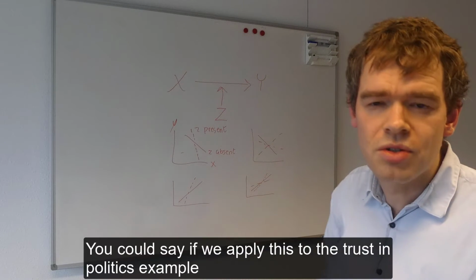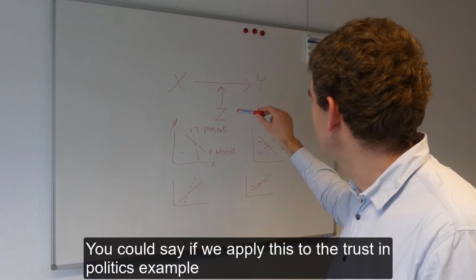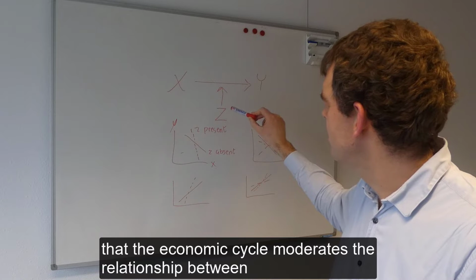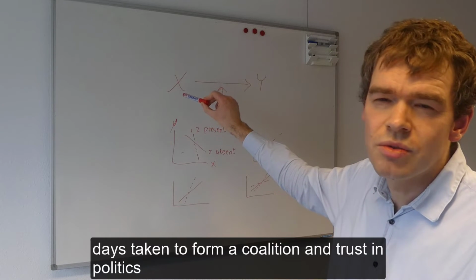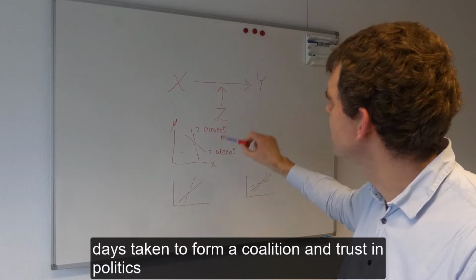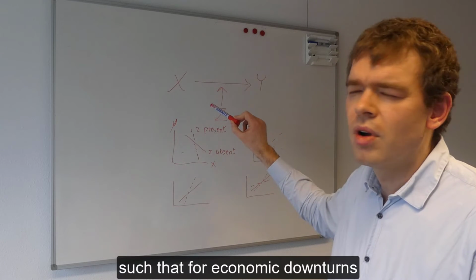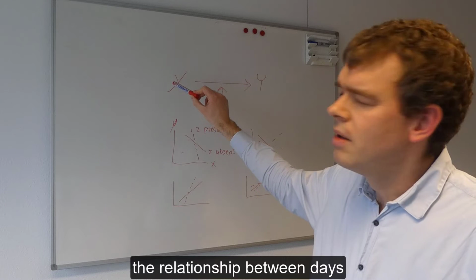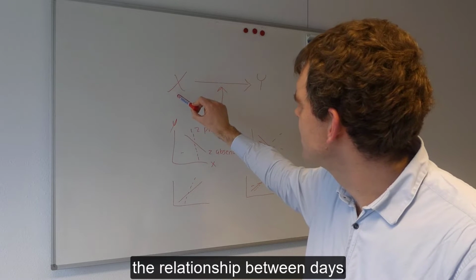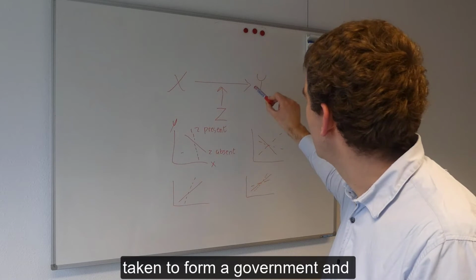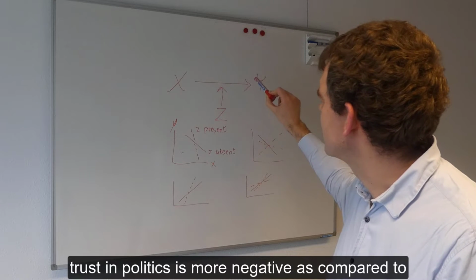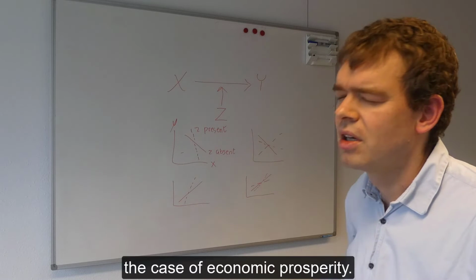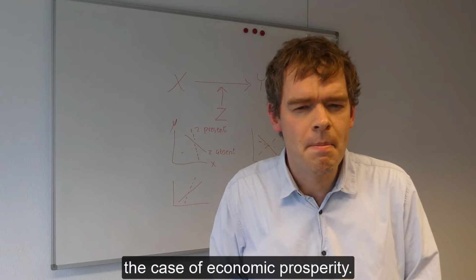You could say, if we apply this to the trust in politics example, the economic cycle moderates the relationship between days taken to form a coalition and trust in politics, such that for economic downturns, the relationship between days taken to form a government and trust in politics is more negative as compared to a case of economic prosperity.